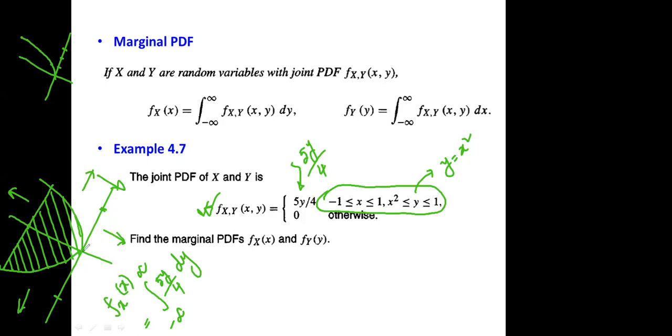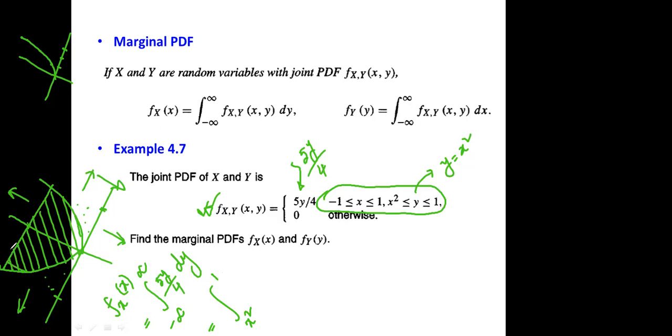So it is not simply from 0 to 1, because then it will count all these other areas.